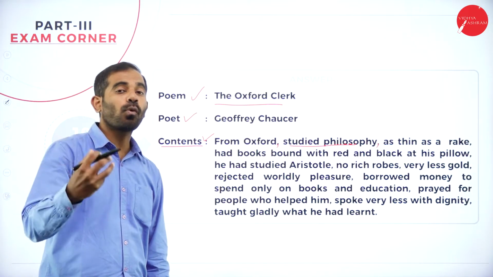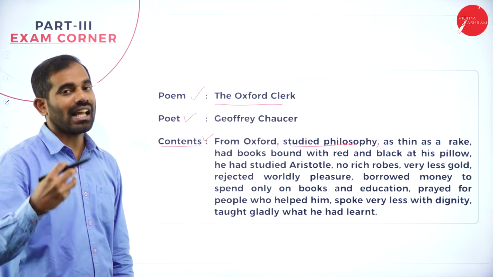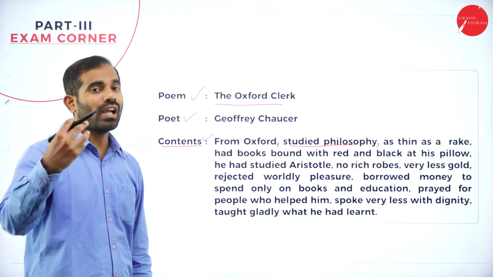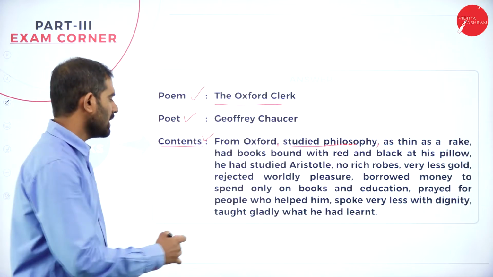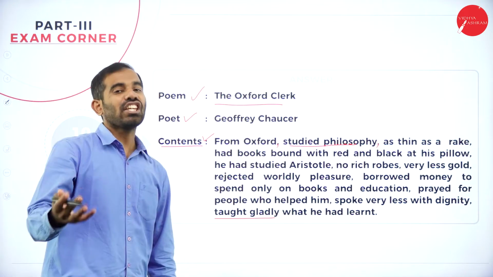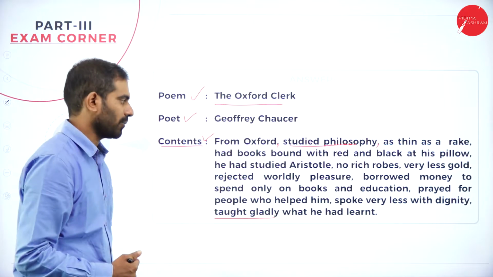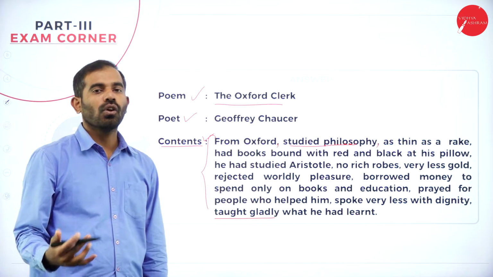He just spoke what was required, very less with dignity, and whatever he spoke was with virtue and dignity, taught gladly what he had learned. So he went on to teach whatever he had learned studying philosophy. So these are the contents you have to include in your answer.